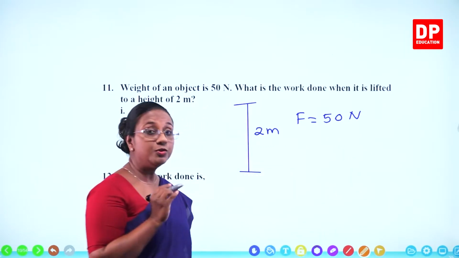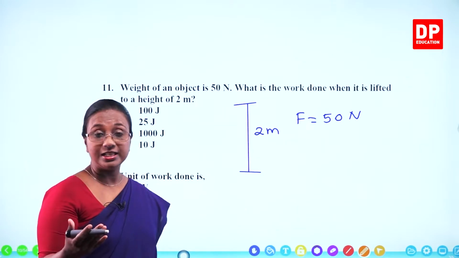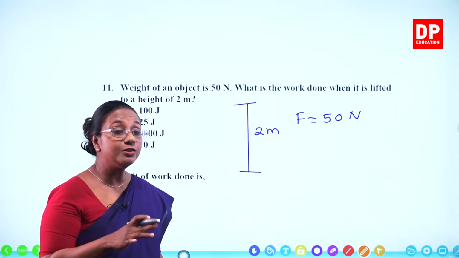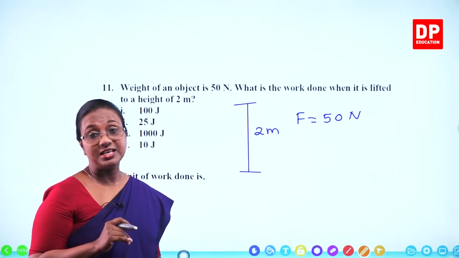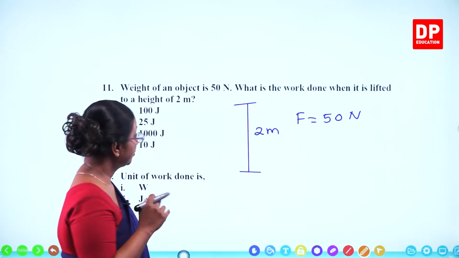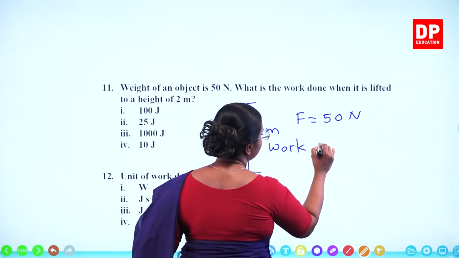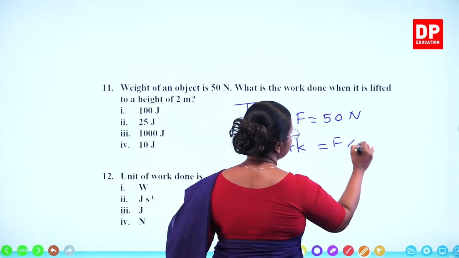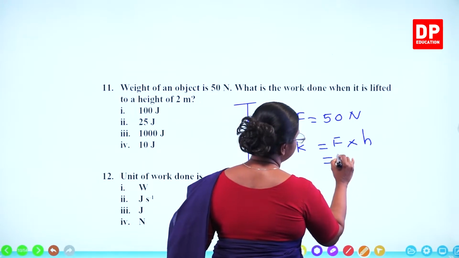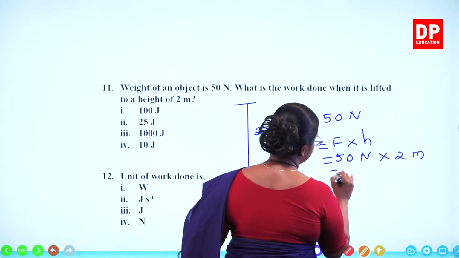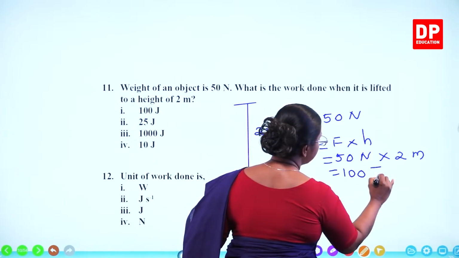Now if they give you the mass, you need to calculate the force. But here already the force is given. So that includes mass into gravitational acceleration. So therefore work done is what? Work is F into height. So that's 50 Newton into 2 meters. So that's going to be 100 joules.